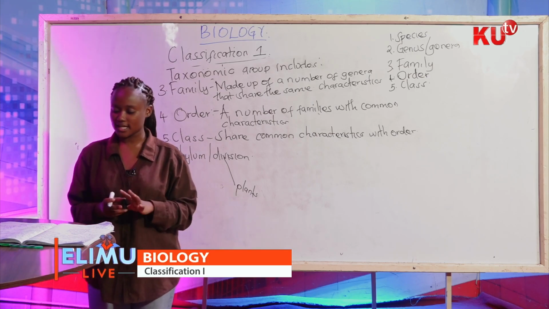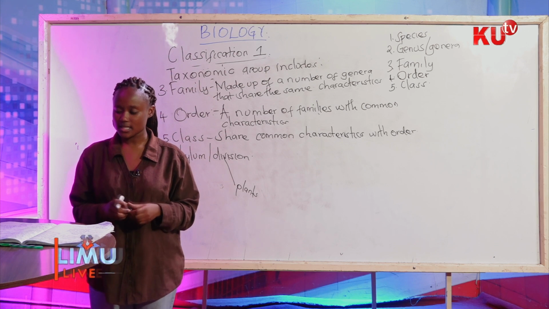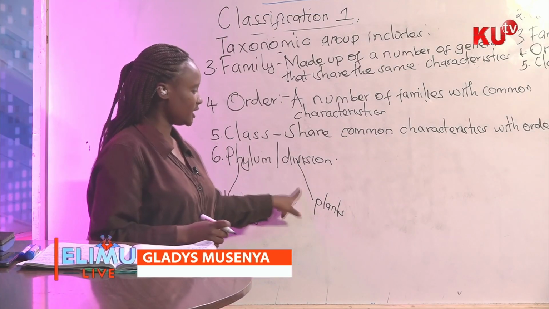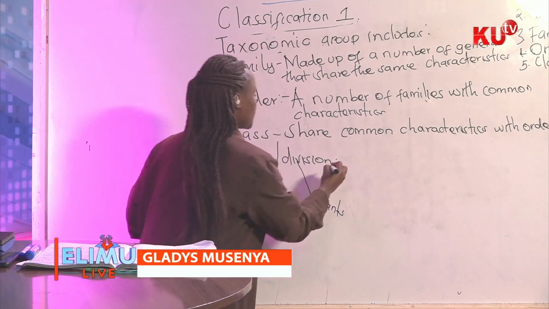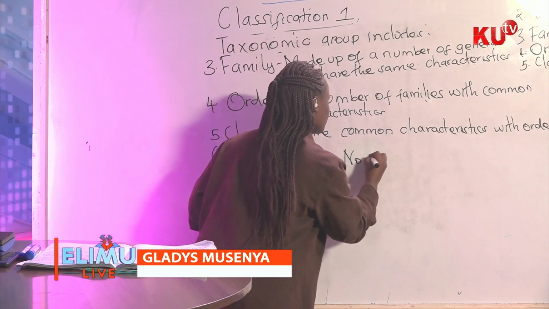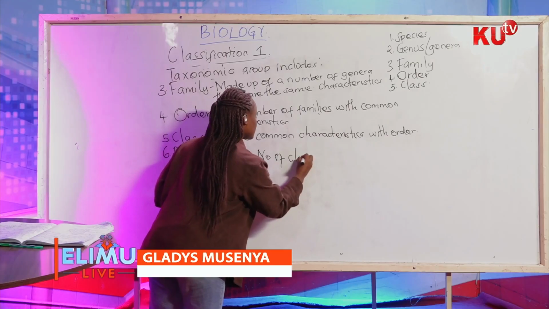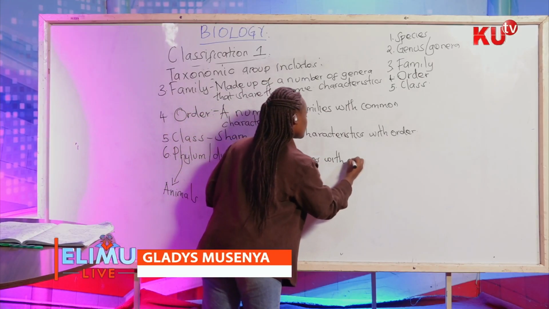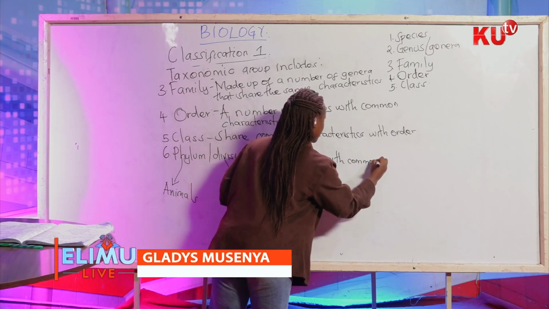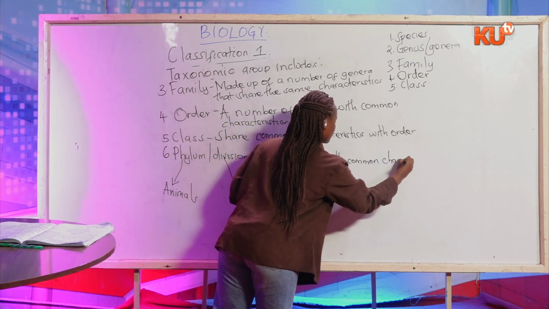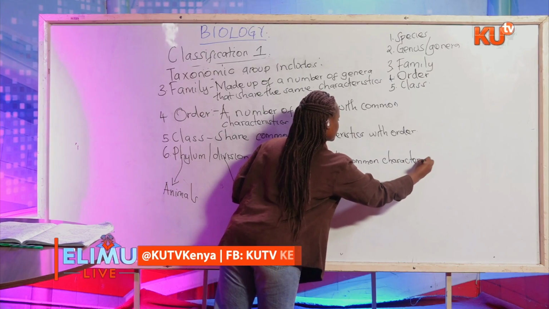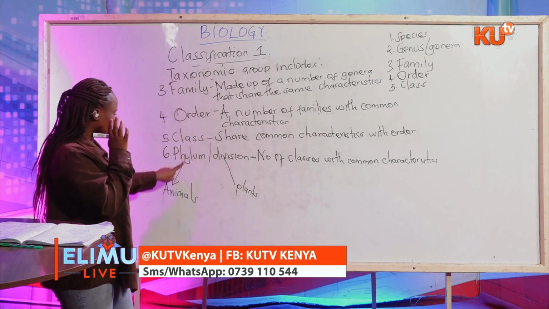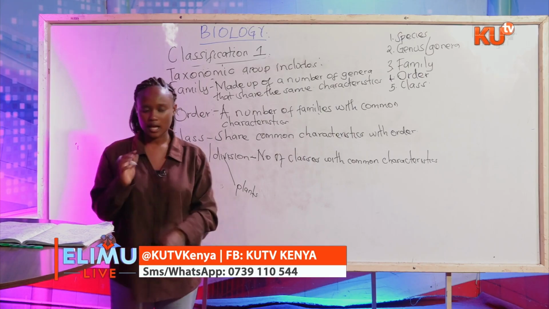A number of classes with similar characteristics make up a phylum in animals and a division in plants. So we have animals in phylum and then division in plants.